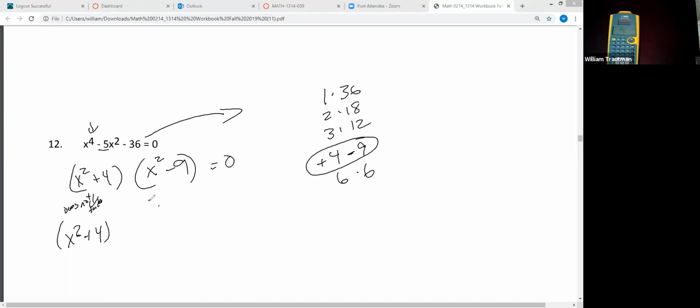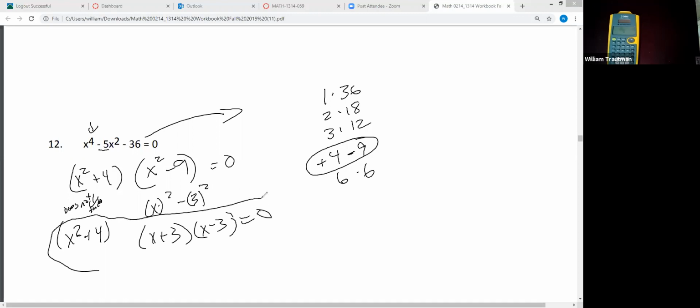But this one does. Something squared minus something squared. X and 3. 3 squared is 9. So this factors to x plus 3, x minus 3, if you remember factoring 2 terms. This is what I got. That's not the answer, but that's where I'm at this point.